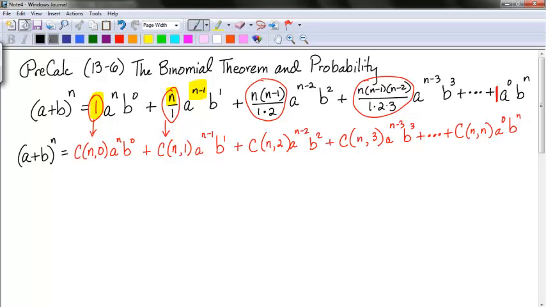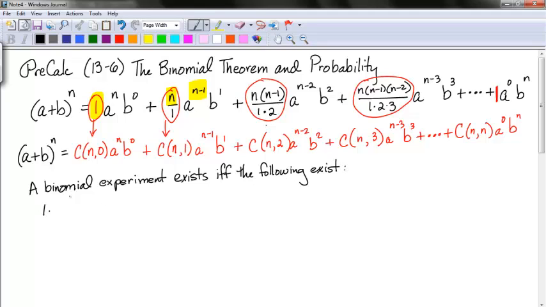Okay, all of these problems are going to be what they call binomial experiments. And for a binomial experiment, certain things have to be true. A binomial experiment exists IFF, if and only if, the following are true.